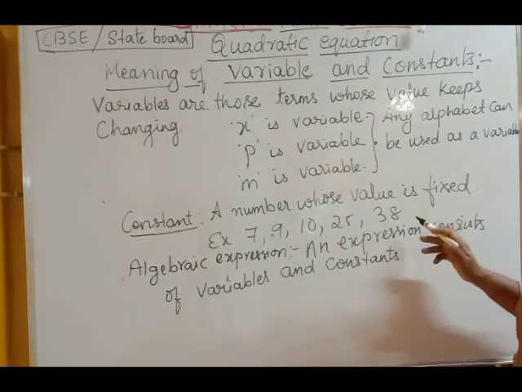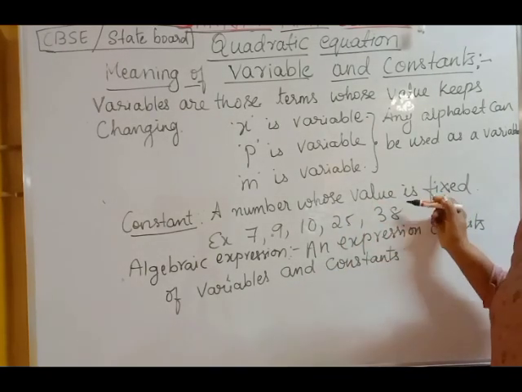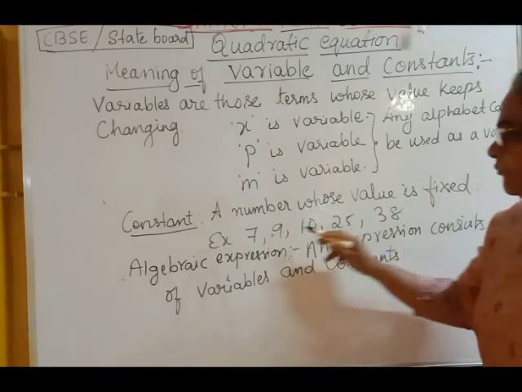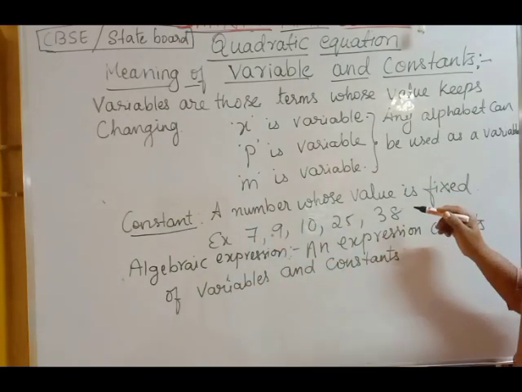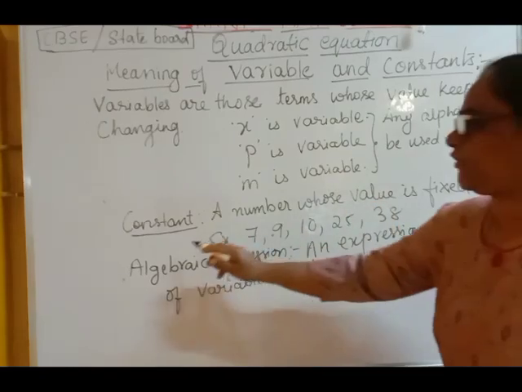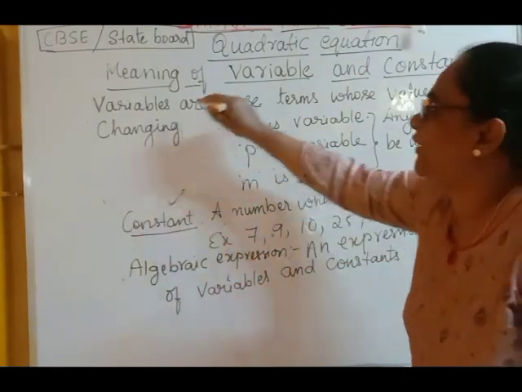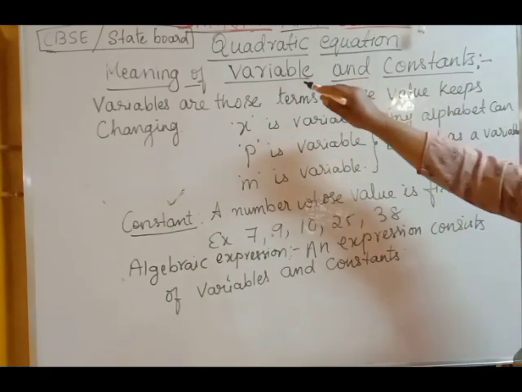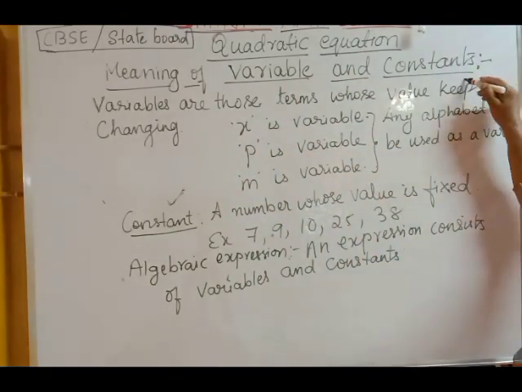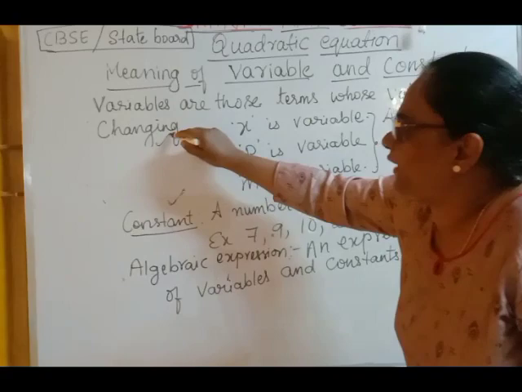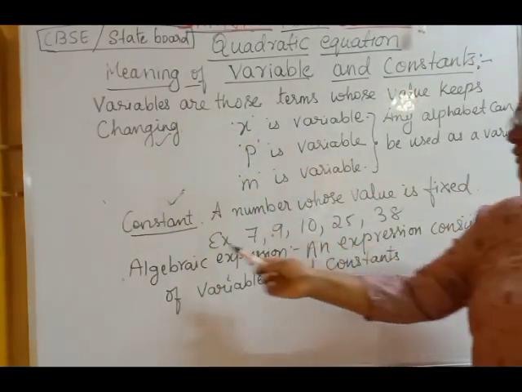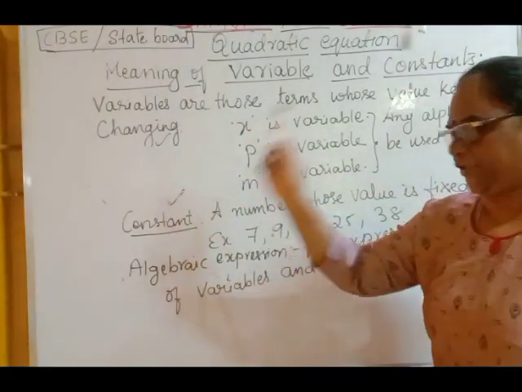It will not change further. 38, that value is also fixed. Such numbers whose value is fixed, we call them constants. Variable means the values of these variables keep changing, whereas the value of constant numbers is fixed.